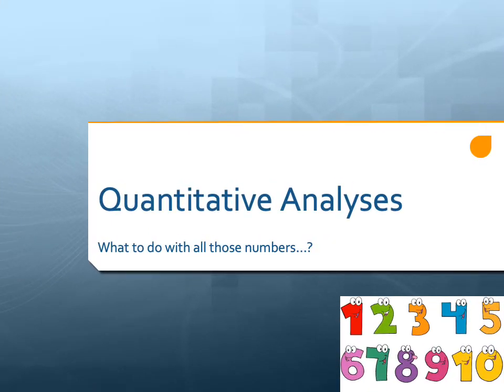This week, we're only going to look at quantitative analyses. Next week, Brian will look at qualitative analyses. So this is an understanding of, once you've gathered everything, once you've done all of your surveys, what do you do with all that data?